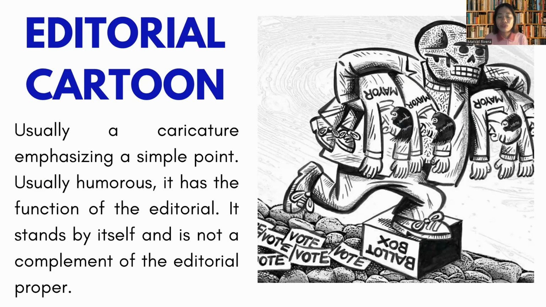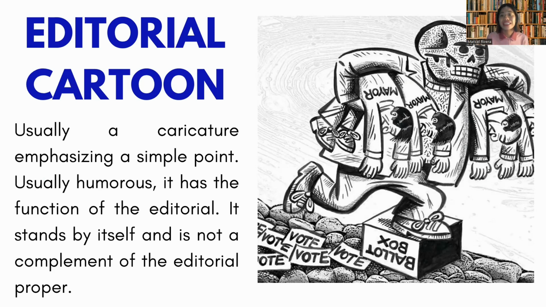publication, and the editorial cartoon would always be put side by side with the editorial proper. It stands by itself, and it is not a complement of the editorial proper. Though it is usually put side by side, it is not a complement of the editorial proper. That means the editorial cartoon is standalone.